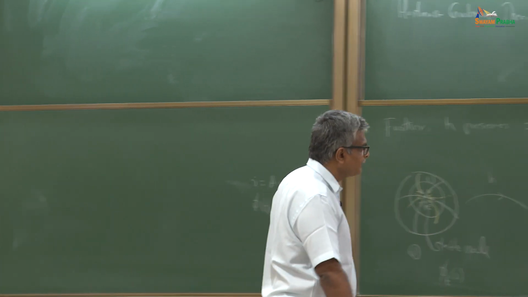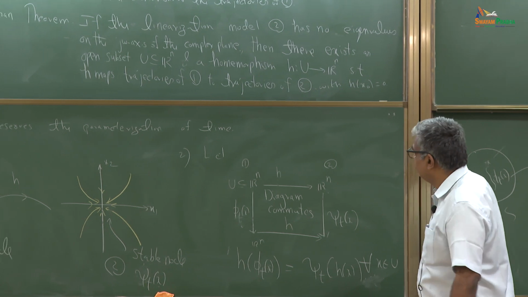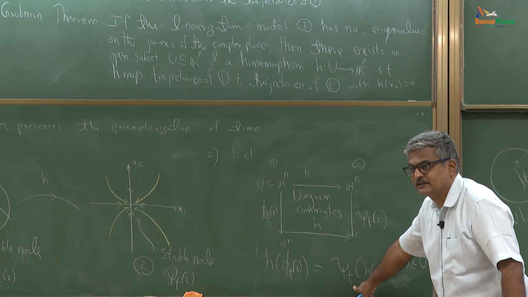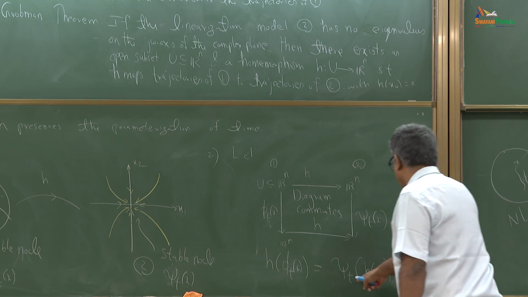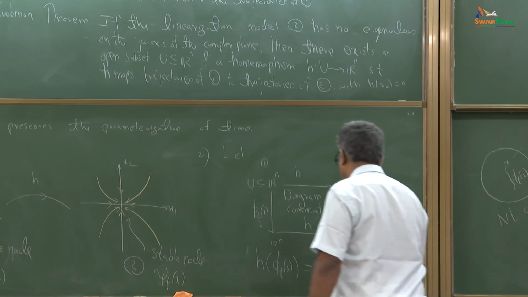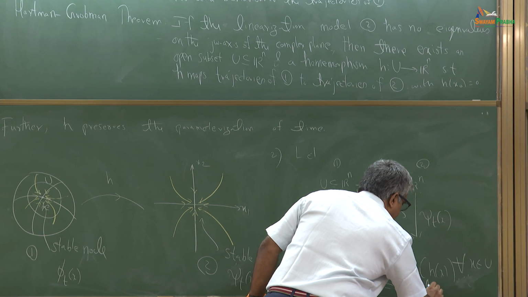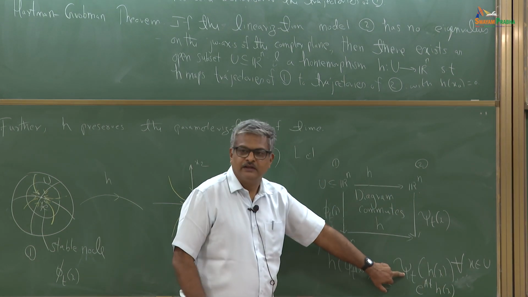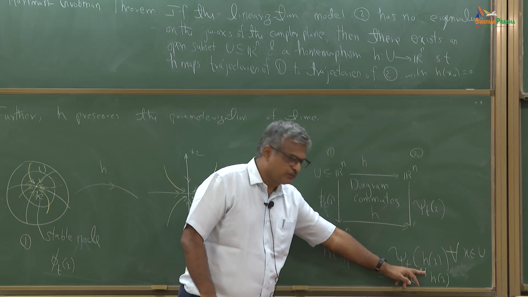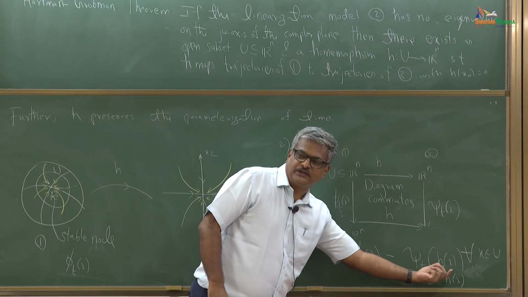Now we can do a little more. We know already this psi of t, because it's the flow of the linear system, right? So this is nothing but exponential of A t acting on the point.